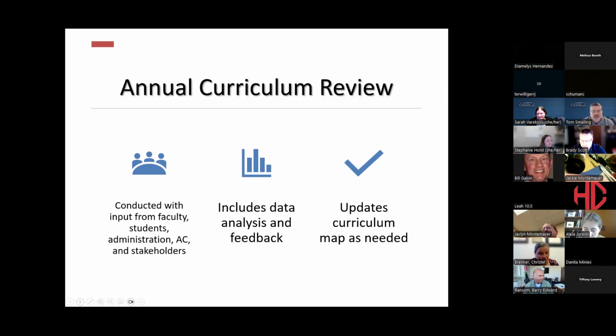It includes data analysis and feedback, similar to what you are doing with your resource assessment surveys, with your grad and employer surveys. We will be revamping the resource assessment surveys. We will be revamping the grad and employer surveys because we have new standards now.